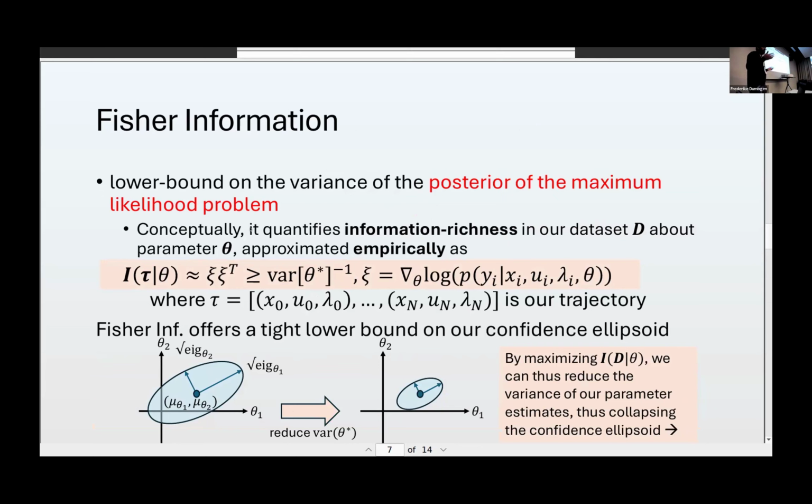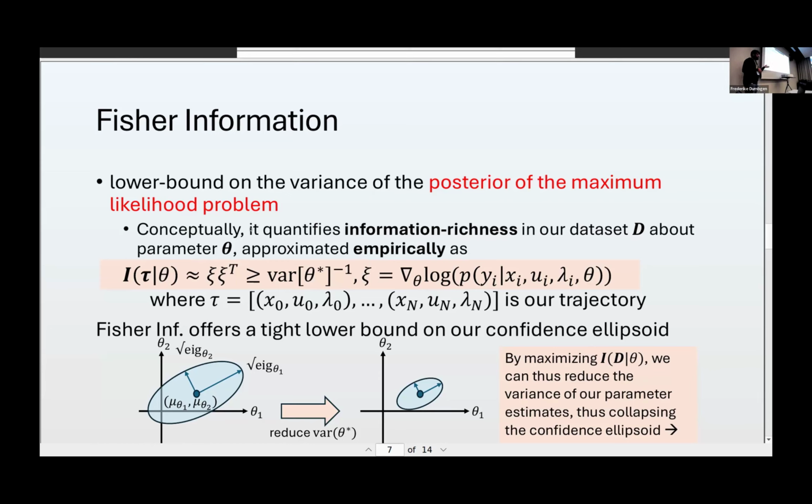So the Fisher information is a lower bound on the variance of the posterior of the maximum likelihood problem. So conceptually, it quantifies information richness in our data set D about parameter theta, so how much information is in our data, and we approximate this empirically as the outer product of the score functions, where the score function is the log likelihood model gradient with respect to theta, and tau consists of our trajectory, our controls, and our resulting contact force.